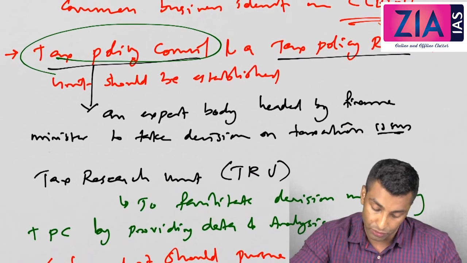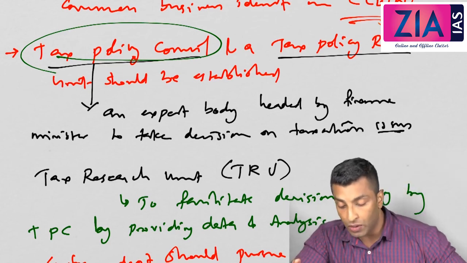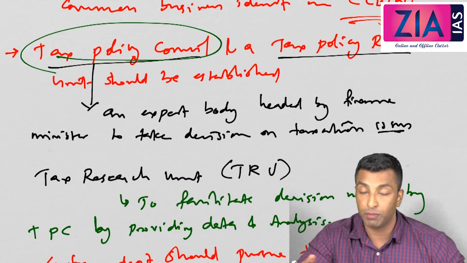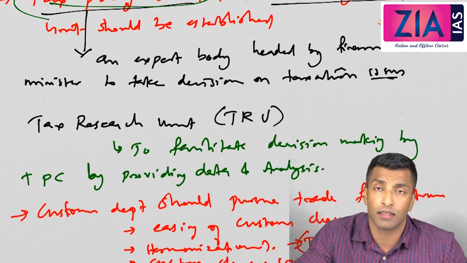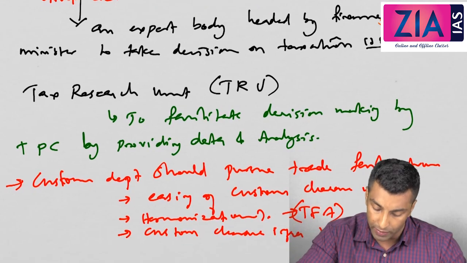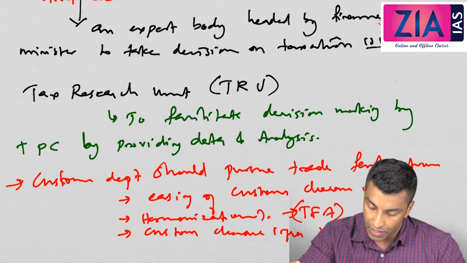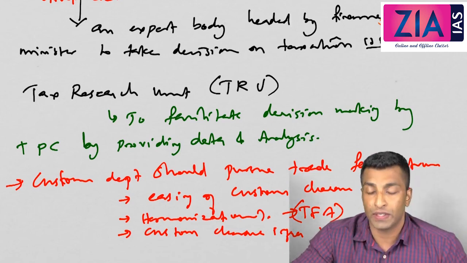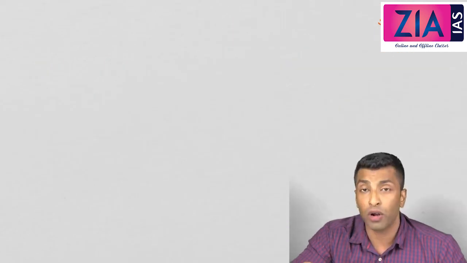Then tax policy council and a tax policy research unit to be established. The tax research unit, TRU, is already set up by the government to support TPC. Okay, then customs department should pursue trade facilitation. So these are the recommendations. So I hope all are clear.